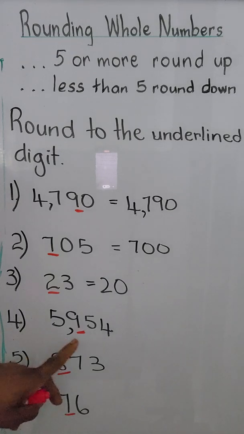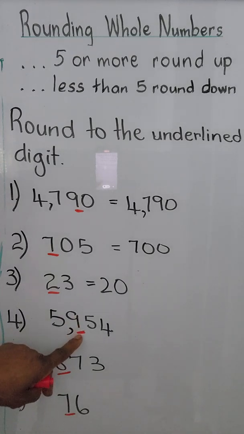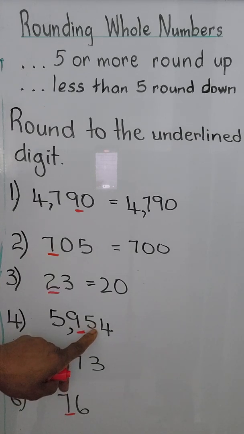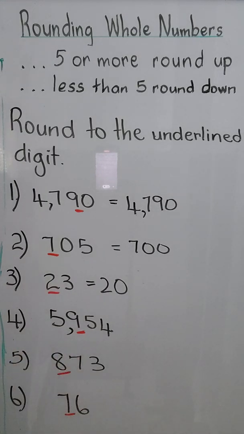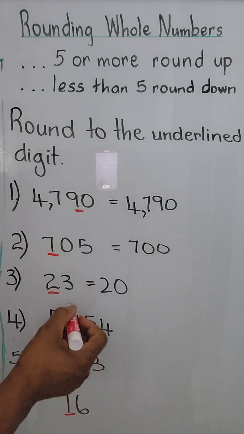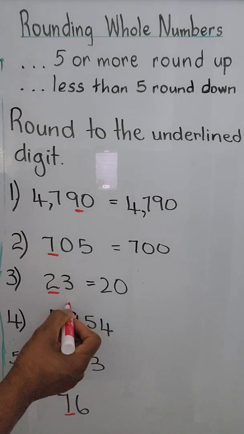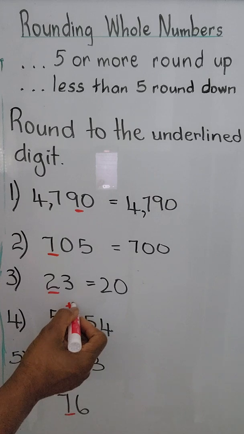5,954, rounding to the nearest 100. The number following the rounded number is 5, so we're going to round up. That means we're going to add 1 to the rounded number.